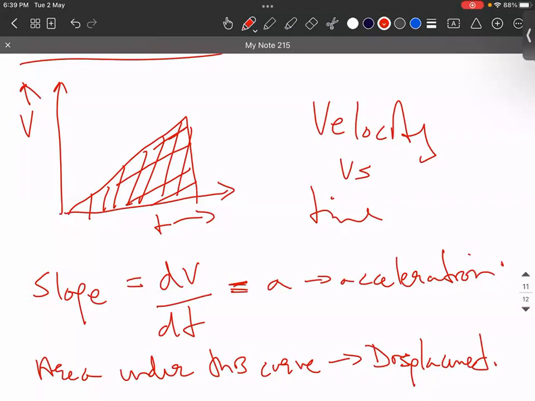Half base into height. Let's say the base here was 5, and the height here was 10. So what will be my area? Half into 5 into 10. So what is it? 25. So 25 is my displacement.